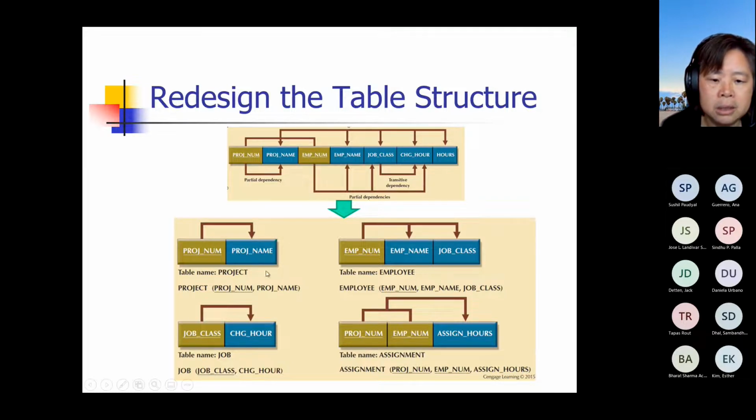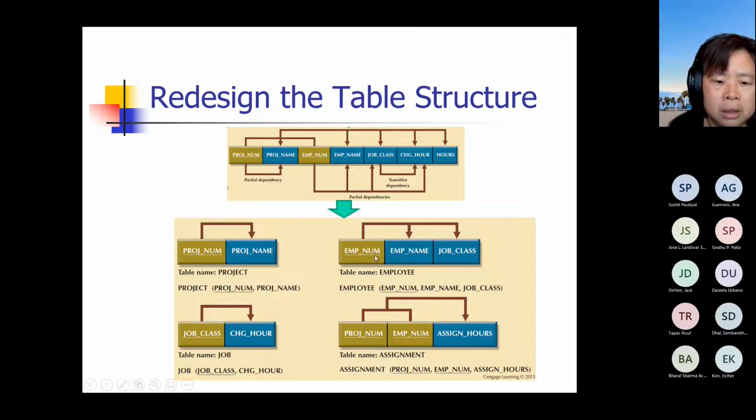Then we cannot link these tables together, right? And the same thing, if we don't have job classification here, we cannot link these tables together. So those repetitions or redundancies are required in order to link tables together.